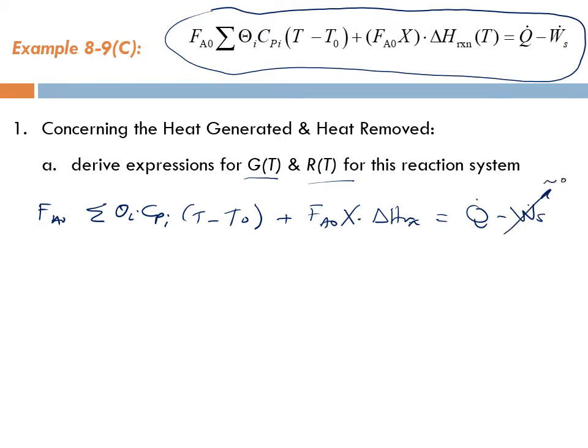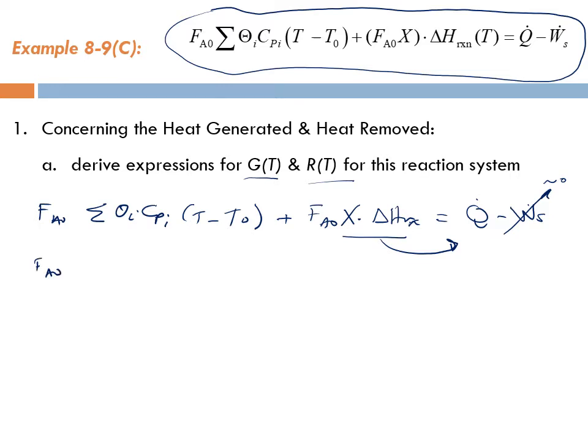Assume negligible shaft work, although we have shaft work because it's a CSTR, but let's assume it's negligible. We want to find G(T), so let's take this term to the other side.